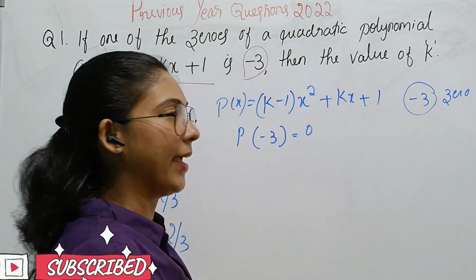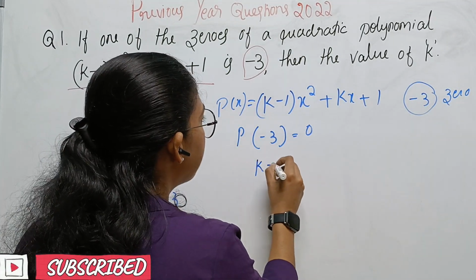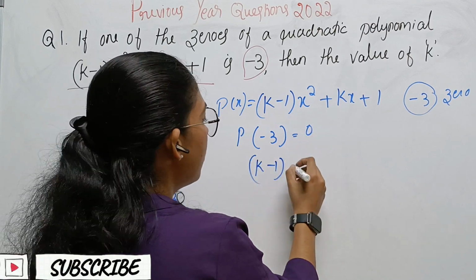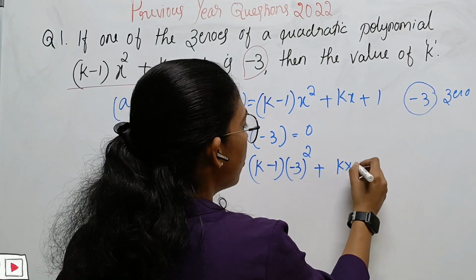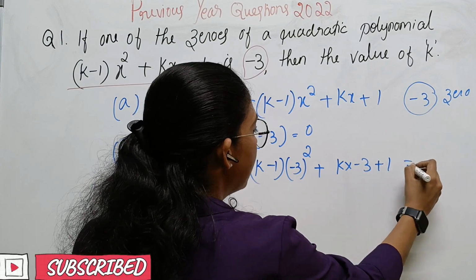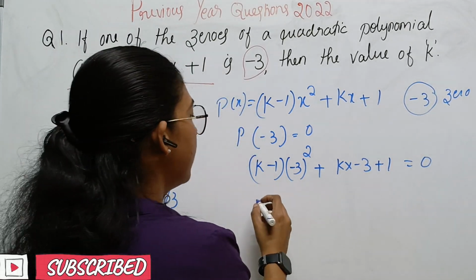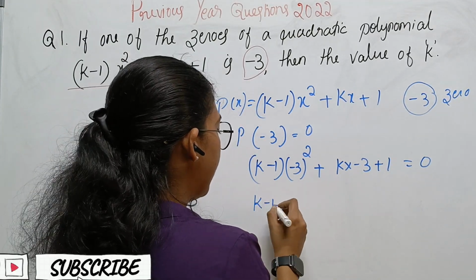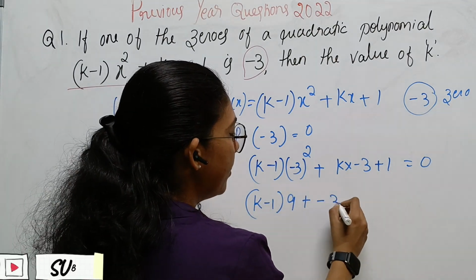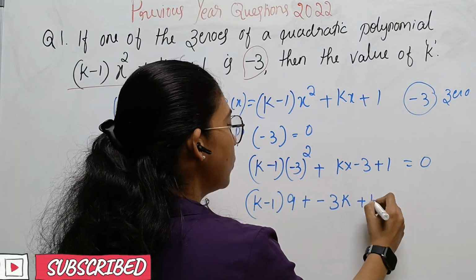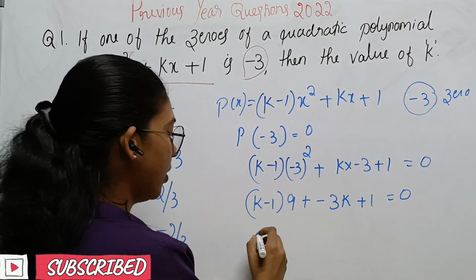That is the definition of a zero of the polynomial. Now substitute for x: k minus 1 into minus 3 square plus k into minus 3 plus 1, which is equal to 0. So k minus 1 into 9 plus minus 3k plus 1, which is equal to 0.